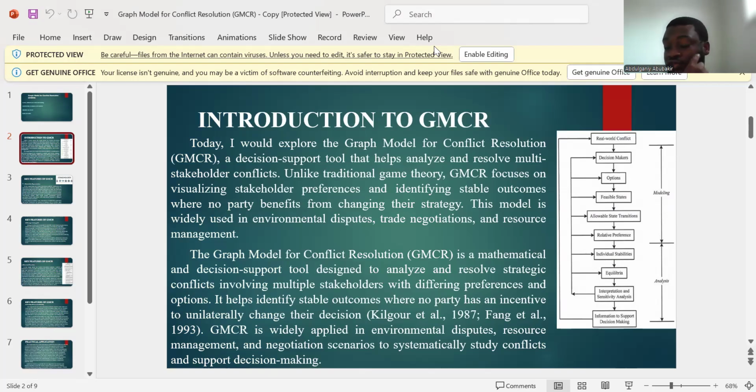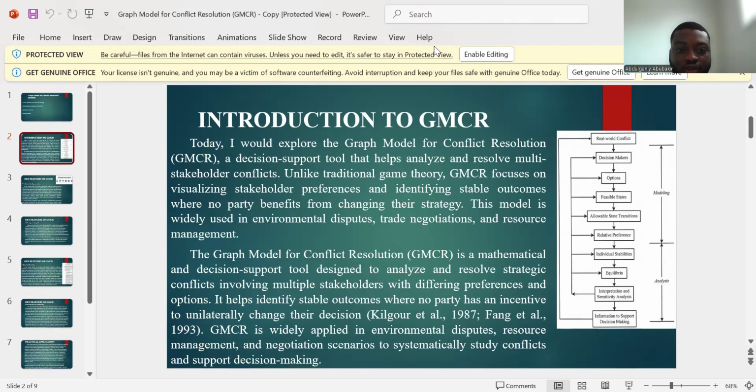visualizing stakeholders, like multiple stakeholders. And these stakeholders are decision makers. They are known as decision makers. They can be government agencies, they can be ministries of environment, agriculture, they can be groups, they can be individuals, they can be gatherings, they can be institutions.